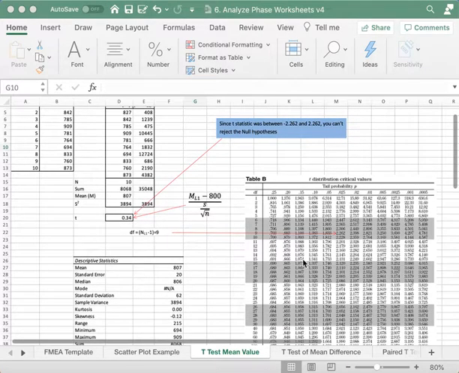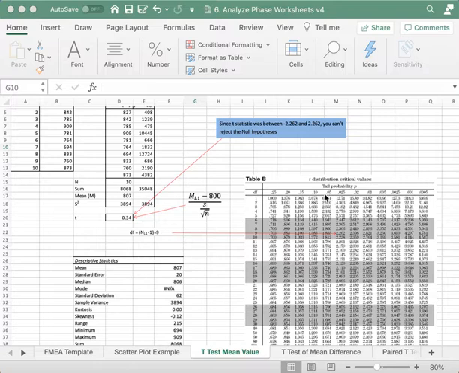Then you have to compare with the t distribution for critical values. The critical values are what the t statistic should be to actually be able to reject the null hypothesis. In this case, we have to look at this table, which has the degrees of freedom and the tail p, which means whether I'm looking at one side or two sides.